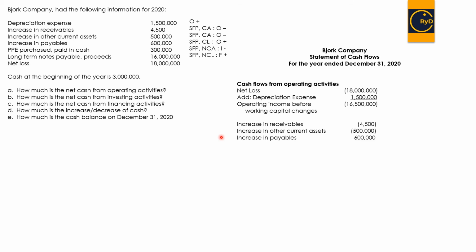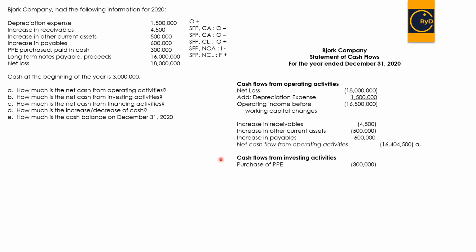Then, maura man tanan natong operating activities nga na-identify kaganiha, we sum it up. So our net cash flow from operating activities is a negative 16,404,500.